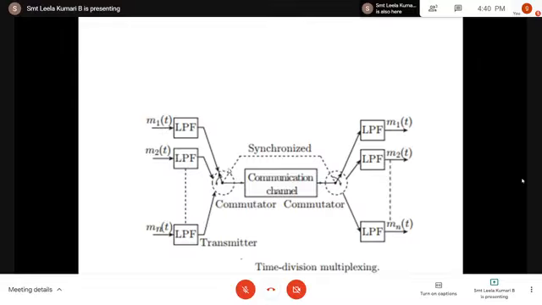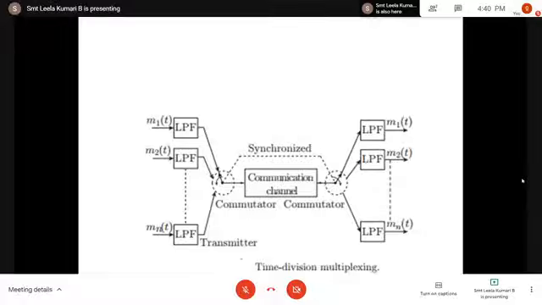All the message signals, sampled at least at the Nyquist rate, are fed to the commutator. The commutator interleaves different samples from the different message signals so as to form a composite interleaved signal.